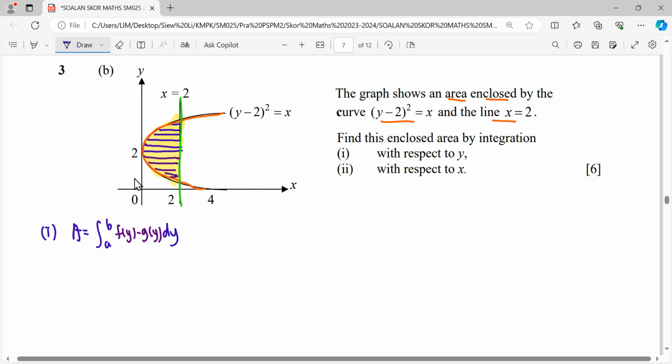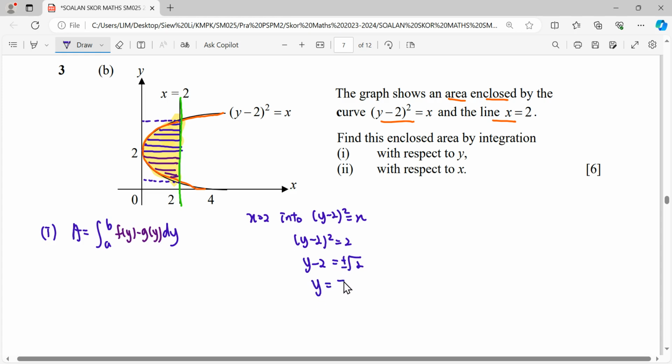To find this, we need to find our lower limit and upper limit. So substitute x = 2 into the curve (y − 2)² = x. So (y − 2)² = 2. When you remove the square, it will be positive or negative square root 2.